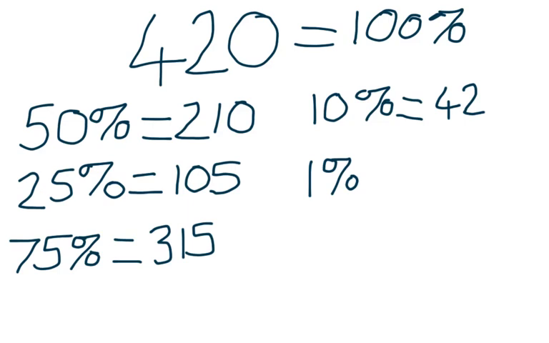You can do that on a place value chart if you need to, which would give me 4.20. But we don't need the last 0, as we spoke about the other day. That was one of the things we had to notice was wrong with one of the calculations. We don't need that 0 on the end unless it's money. So that is how we'd find percentages of 420. Let's try a bigger number.